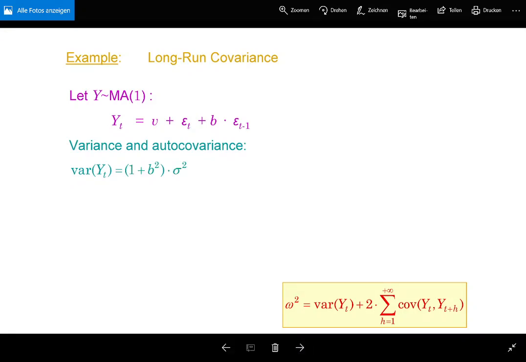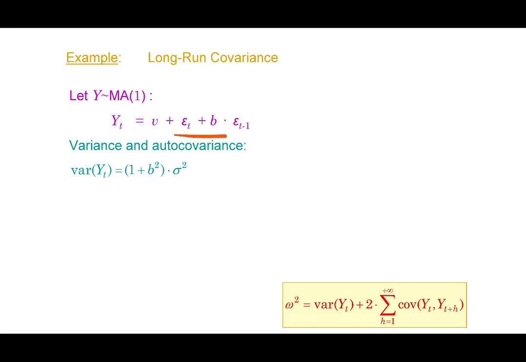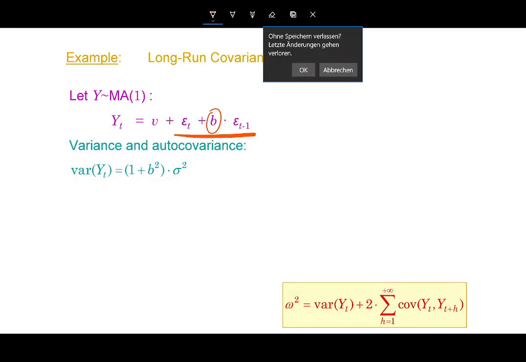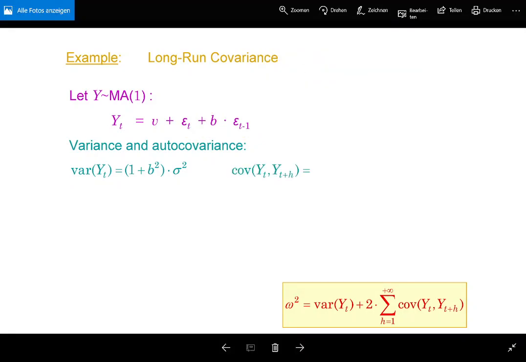We were seeing that. It's not difficult. Basically, the variance of a sum is the sum of the variances. It doesn't depend on additive constants, so you have the variance of the noise times 1 plus b squared, because if you want to take the multiplicative constant out of the variance operator, you need to square it. We were talking about that weeks ago. I'm not going to do that anymore, but that's how it was.